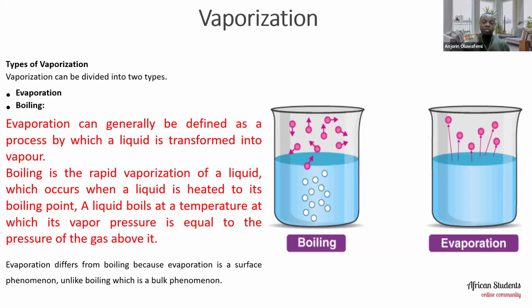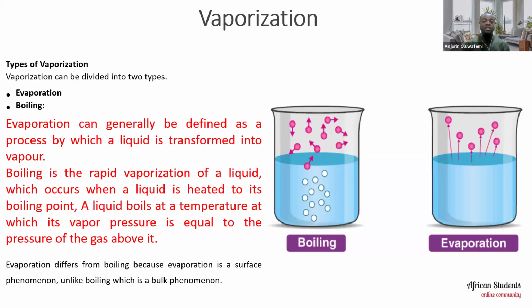Now, when the heat is supplied to the kettle or the pot, what happens is that the particles or the molecules of the liquid start moving so fast, and it will get to a point that they transform into vapor, and they escape into the atmosphere or the environment.